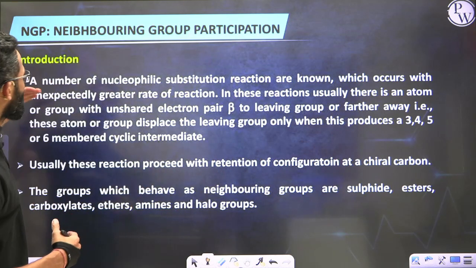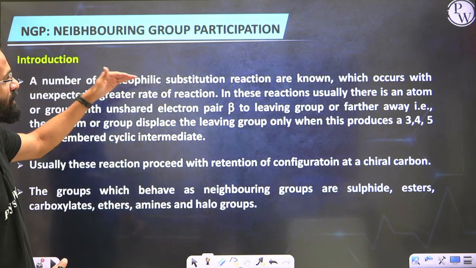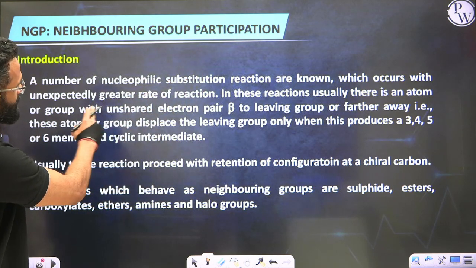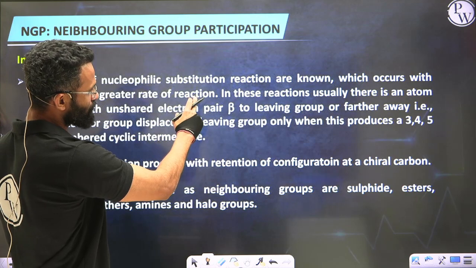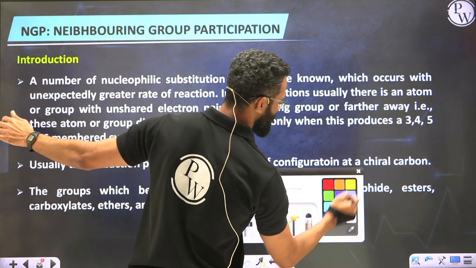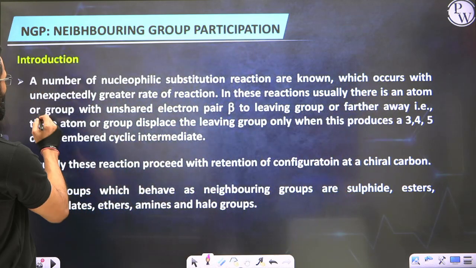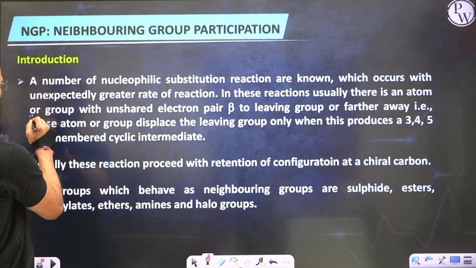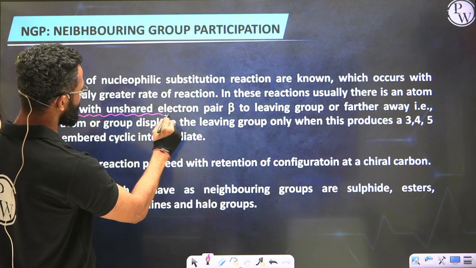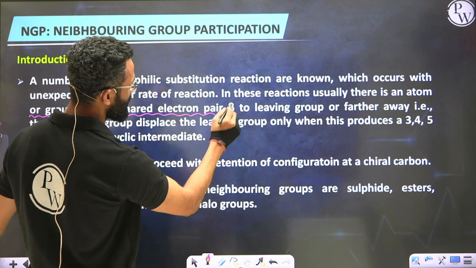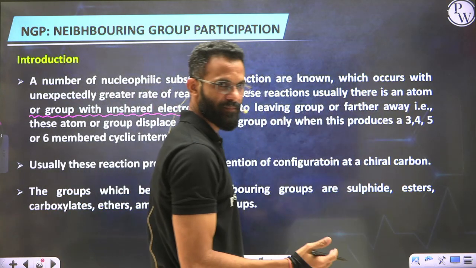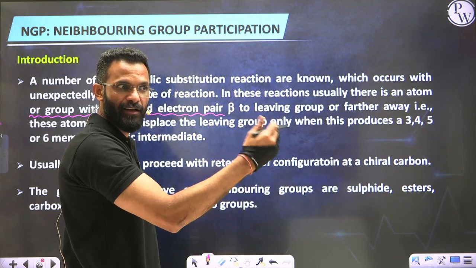A number of nucleophilic substitution reactions are known which occur with unexpectedly greater rate of reaction. In this reaction usually there is an atom or a group of atoms with an unshared electron pair at the beta position to the leaving group, or even farther than that. So the carbon carrying the leaving group is alpha, next to that is beta.